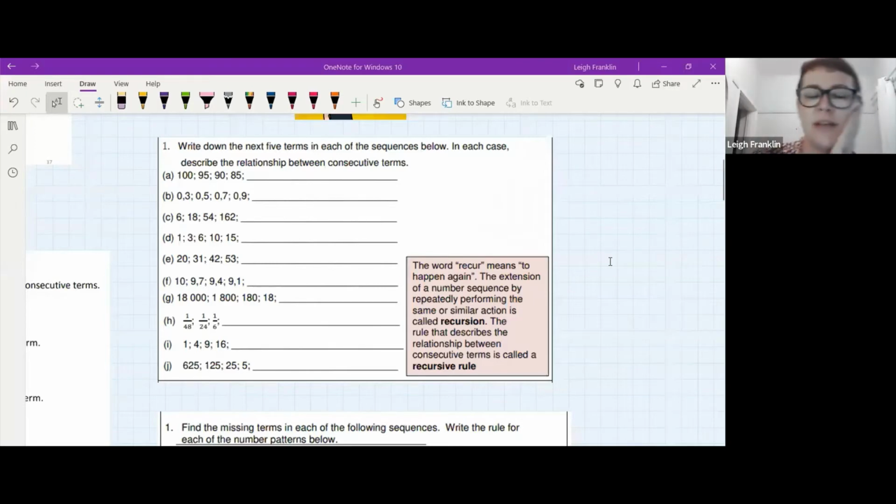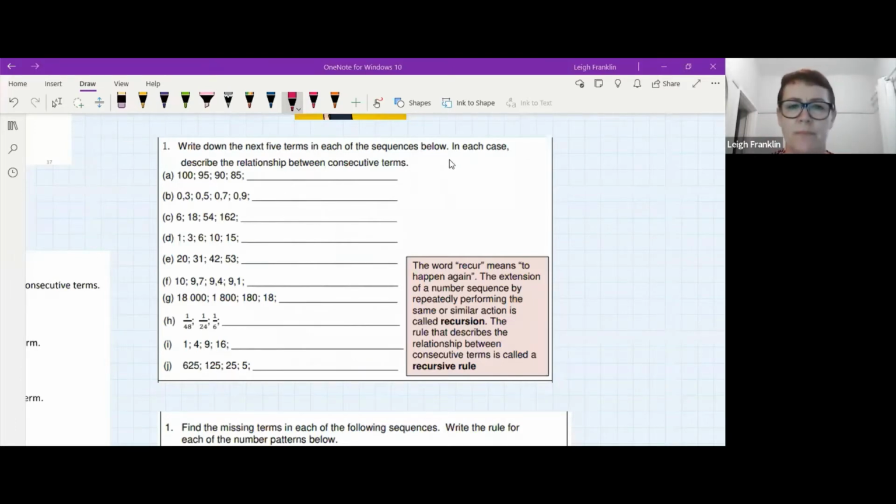Okay, Basetsana, I want you to have a look at 1A, and I want you to tell me what you think is going on here, so the relationship between the consecutive terms, and could you tell me what the next 5 terms in this pattern would be? Basetsana? I would like to do it, ma'am. Okay, Tatum. You do it then, Tatum.